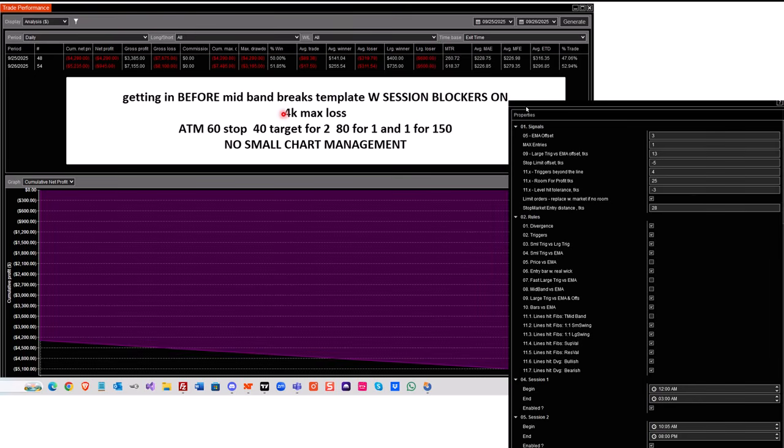I put it at 4K, not 3K, but would have stopped at 3. And then our normal ATM. Now this does not have any large chart management. Here's the settings. You can pause the video and go back and look. But anyway, it's horrible. It lost $4,000 one day and then it lost $1,000 the next day.